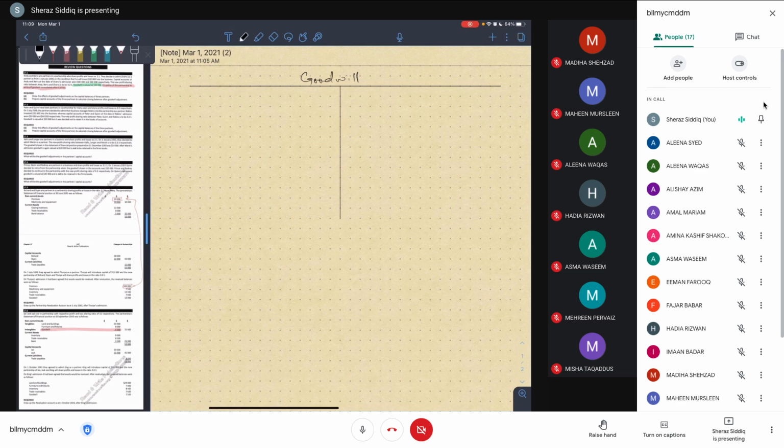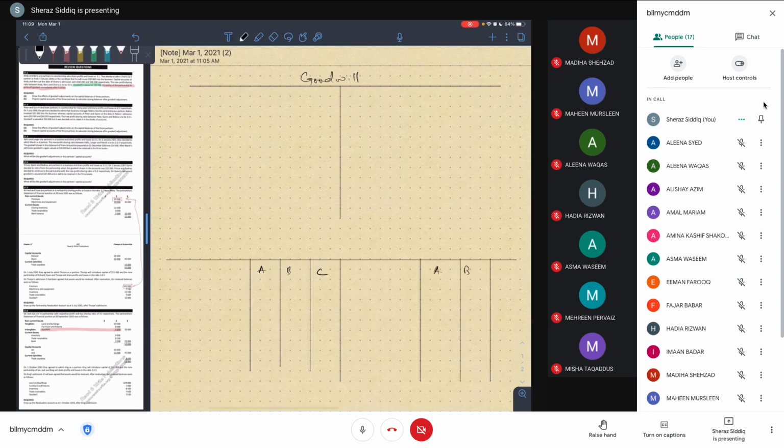And at the same time, we are going to be making the capital accounts here for three partners, Andy, Barry, and Cherry. Right, that's the capital account.